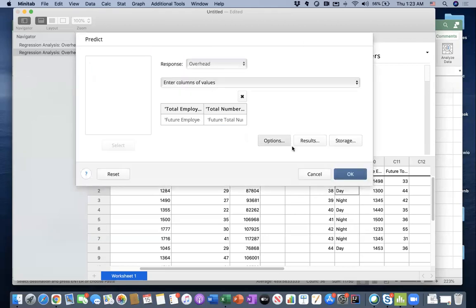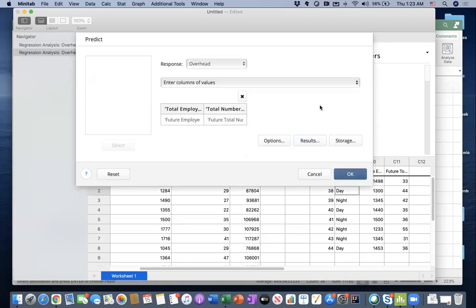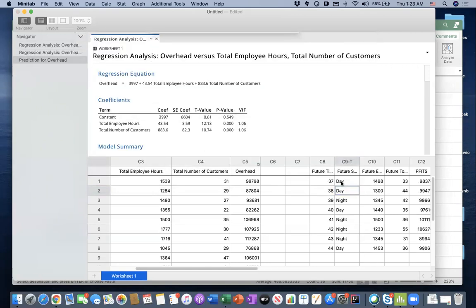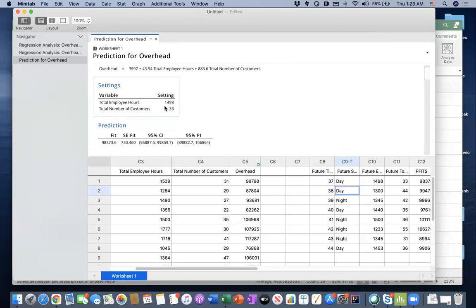See what options we have. You're not going to touch that. Results. Prediction table is good. Regression equation is good. Let's hit OK. So it predicted my future overhead cost by using this equation.